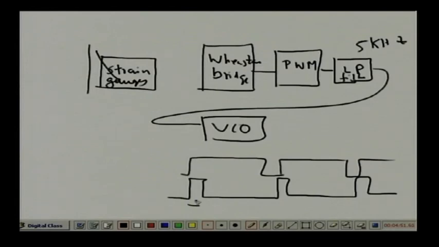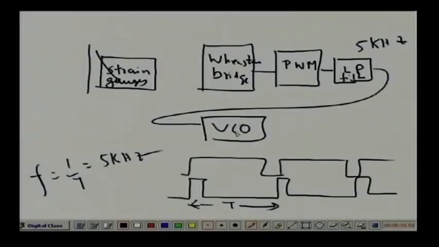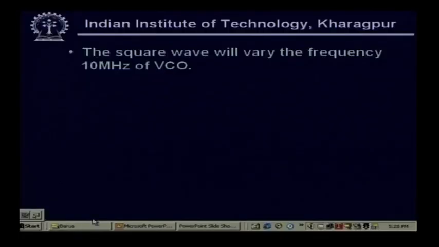That means F equal to 1 by T equal to 5 kilohertz, whereas the VCO frequency is quite high, around 10 megahertz or something like that, right. So, some DC voltage will come down here, which is given to the output. So, the output voltage of the VCO will be proportional to the DC voltage we give, and this DC voltage again will depend on the unbalanced voltage of the Wheatstone bridge. Clear? Now, the square wave will vary the frequency 10 megahertz of the VCO.